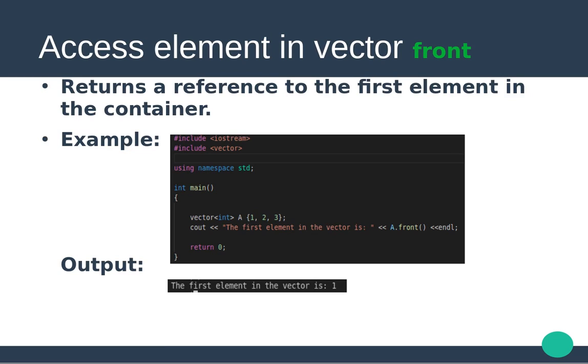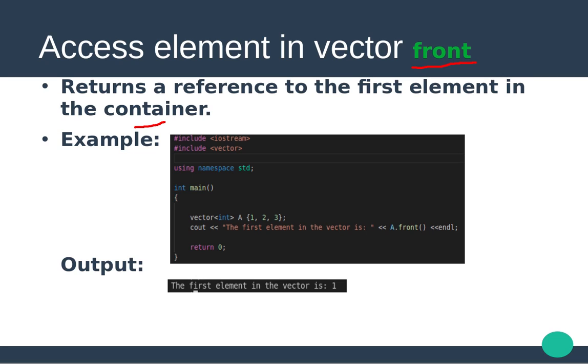How can I access an element in a vector? There are several methods used to access elements in the vector. The first method is front. Calling this method would return a reference to the first element in the container or the vector.